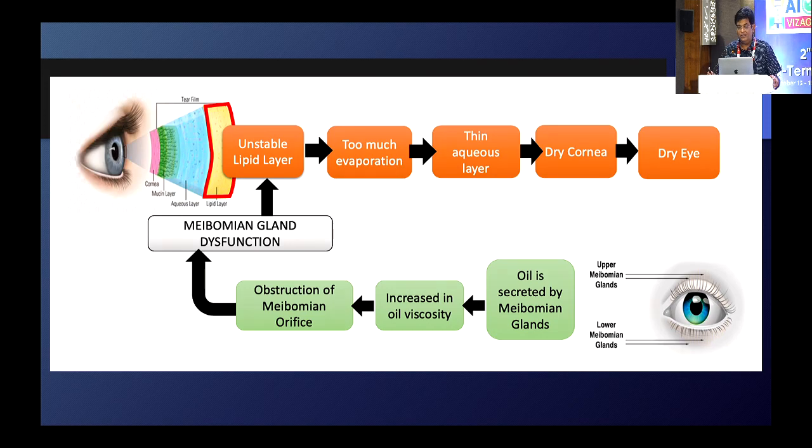In the disease cycle, there is an increase in oil viscosity, leading to obstruction of the meibomian glands, which causes MGD, and leads to an unstable lipid layer, too much evaporation, a thin aqueous layer, and dry cornea and dry eye.